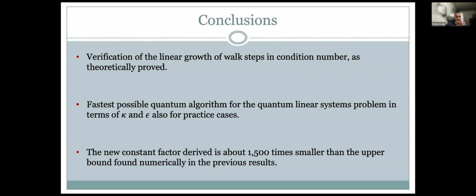But now we also show that it gives the best results for practical cases, until maybe someone finds something that would be better for a specific range of condition numbers. And we also have this new constant factor derived that is about 1,500 times smaller than what we found previously.